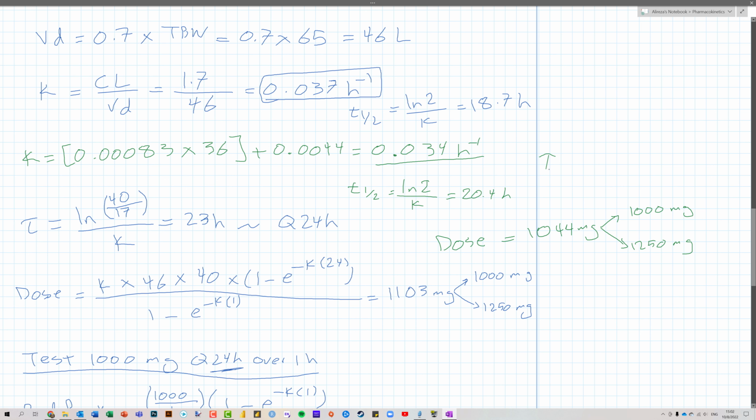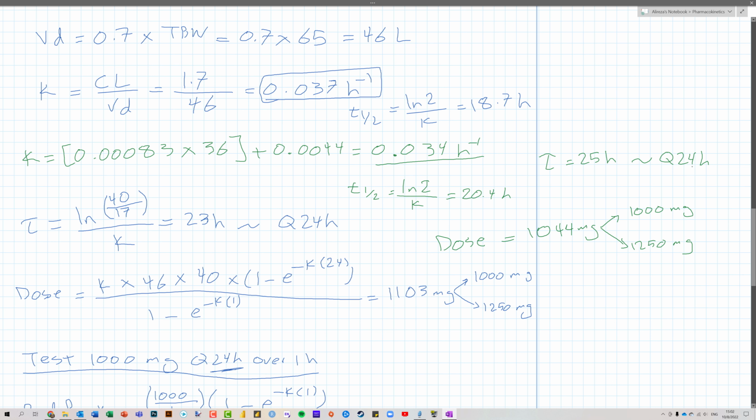And for your tau, if you were to calculate tau using the green K, you would end up with, instead of 23 hours, 25 hours. Okay, which again, we round to something that's clinically reasonable, so we're going to use Q24 hours anyway.